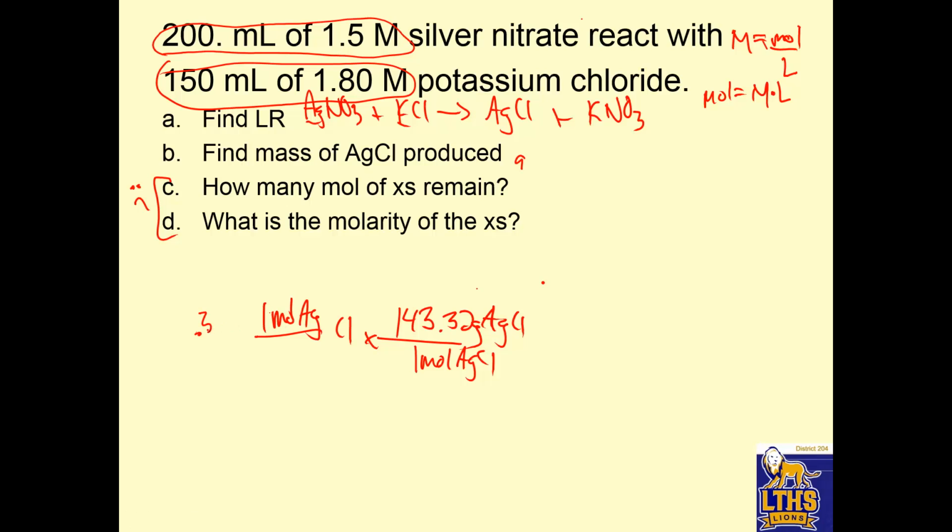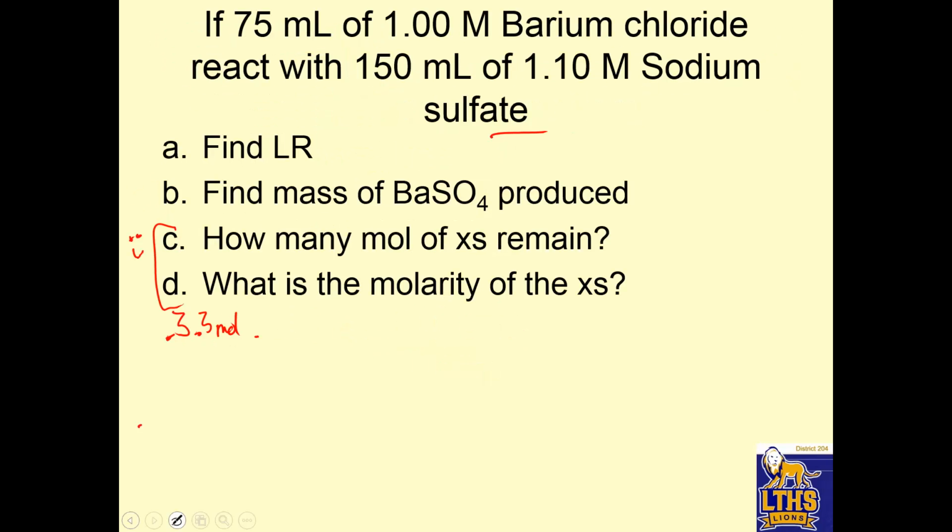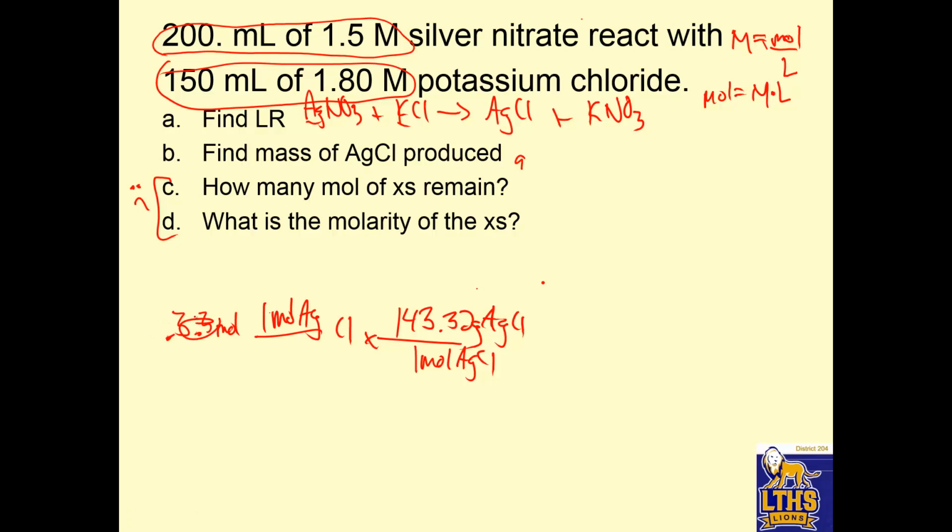This is 0.27 moles of KCl, and 1 mole KCl. So 0.27 times 1 divided by 1 times 143.32 equals 38.69.